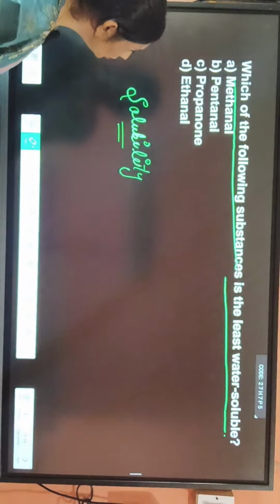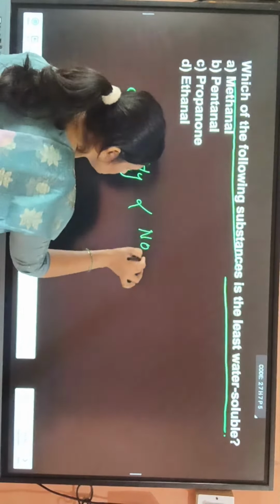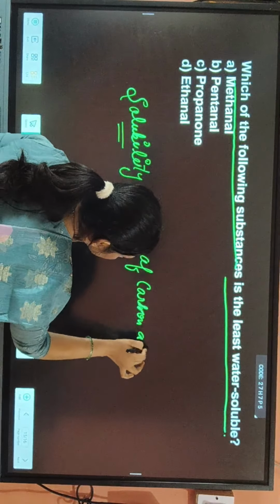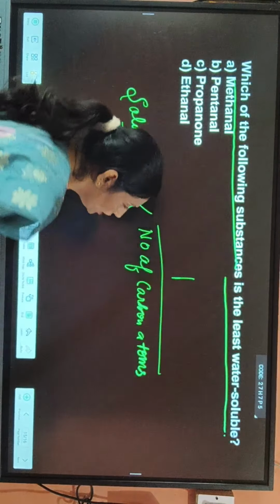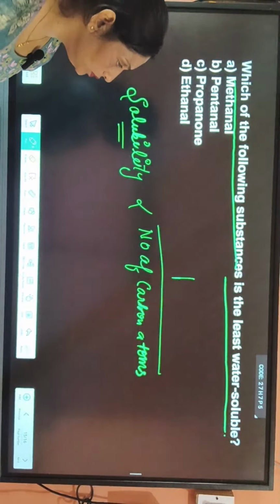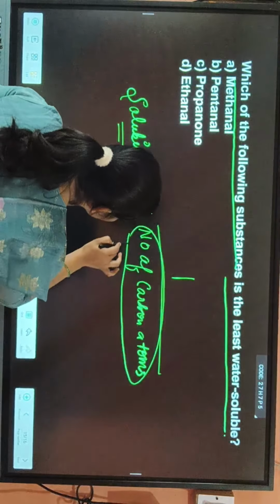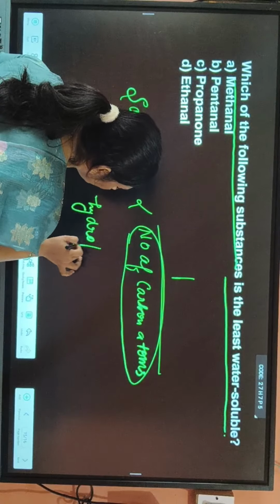Second thing, if number of carbon atom increases, then solubility decreases. Okay, so solubility inversely proportional to number of carbon atoms. Why? Because if number of carbon atoms increases, then hydrophobic part increases.